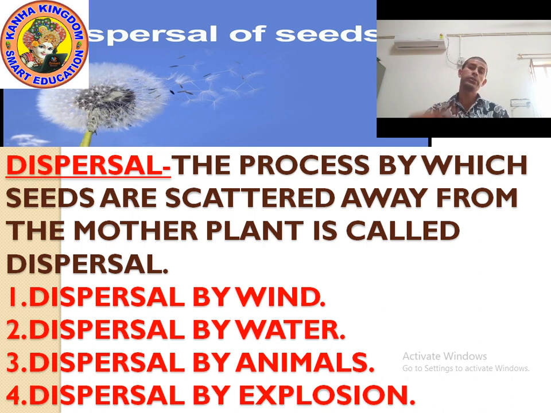Now we will study all these four points. This is how plant seeds move away from one place to another place, because this process is known as dispersal. Let's begin.